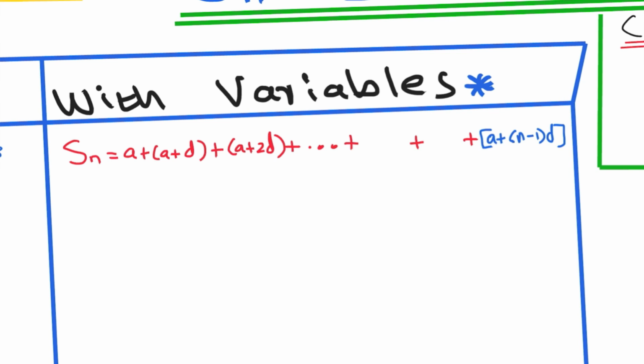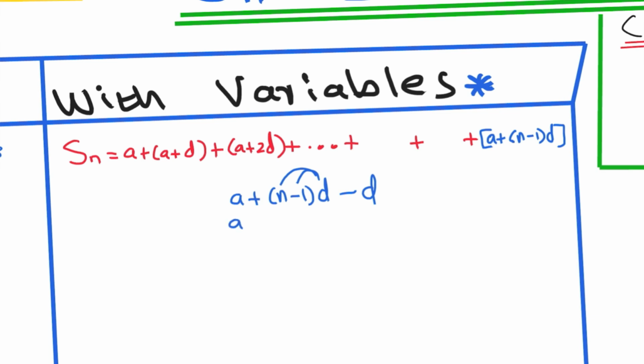That's my last term. How do I get the term that comes before the last term? In order to get this one, I'll take this one and subtract D. So let me show you how it's going to be gotten, okay? When I have A plus n minus 1 into D, and I subtract D in order to get the previous term, I'm going to first distribute this.